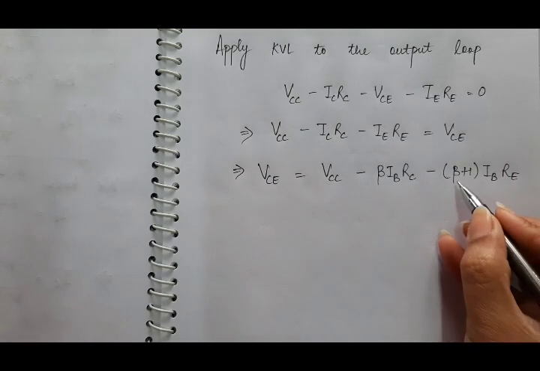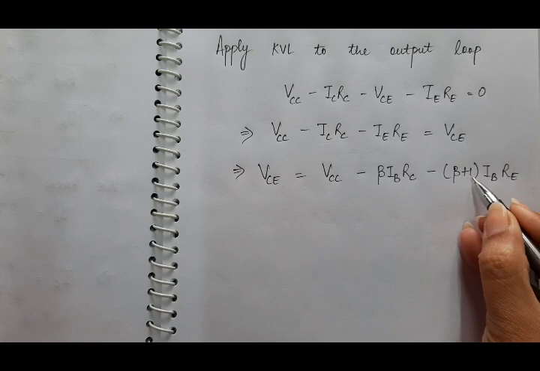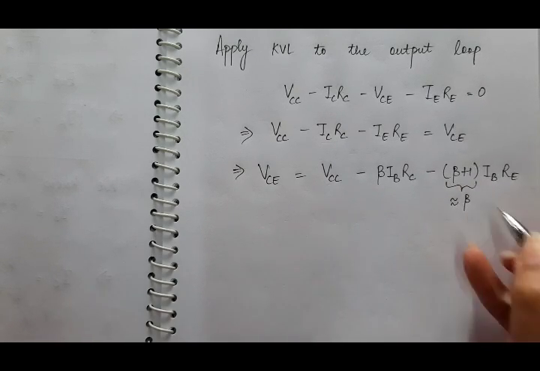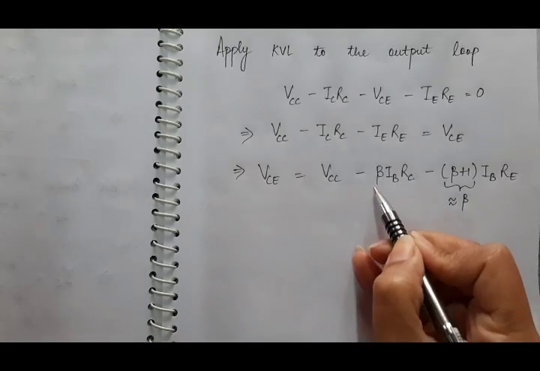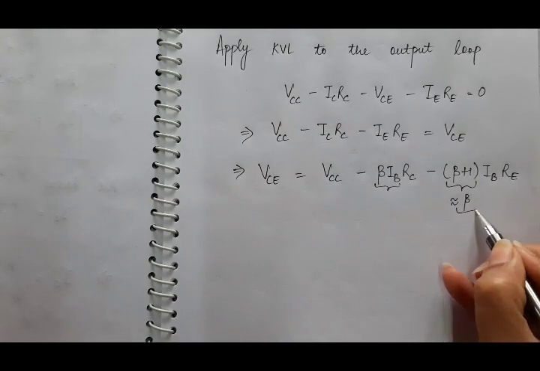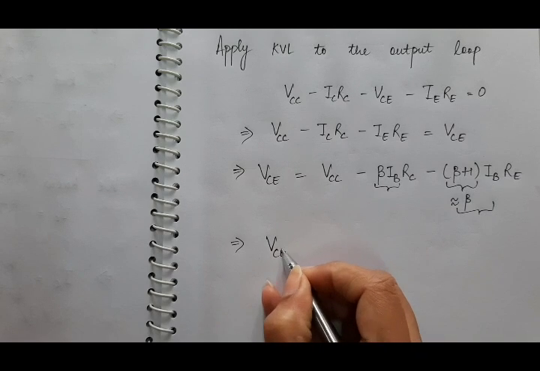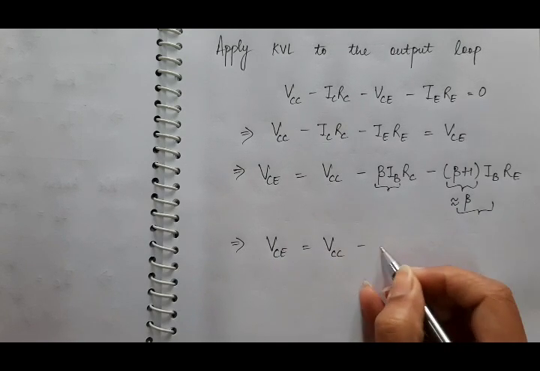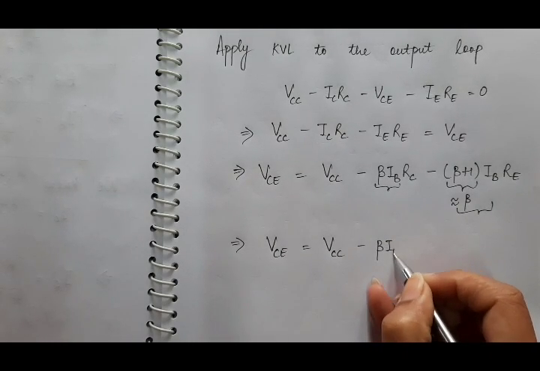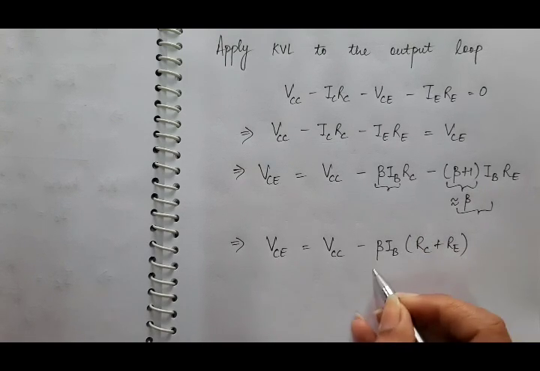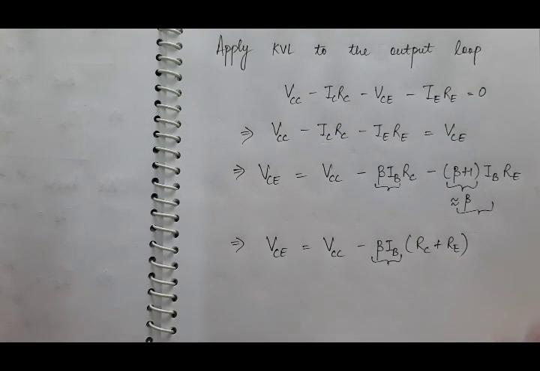And we know that this beta is very large as compared to 1, so this will be approximately equal to beta. So we have this beta IB, again this is beta IB. So take this beta IB common, and inside the bracket you will have RC plus RE, and this beta IB is IC. So put the value of IC which you have calculated.